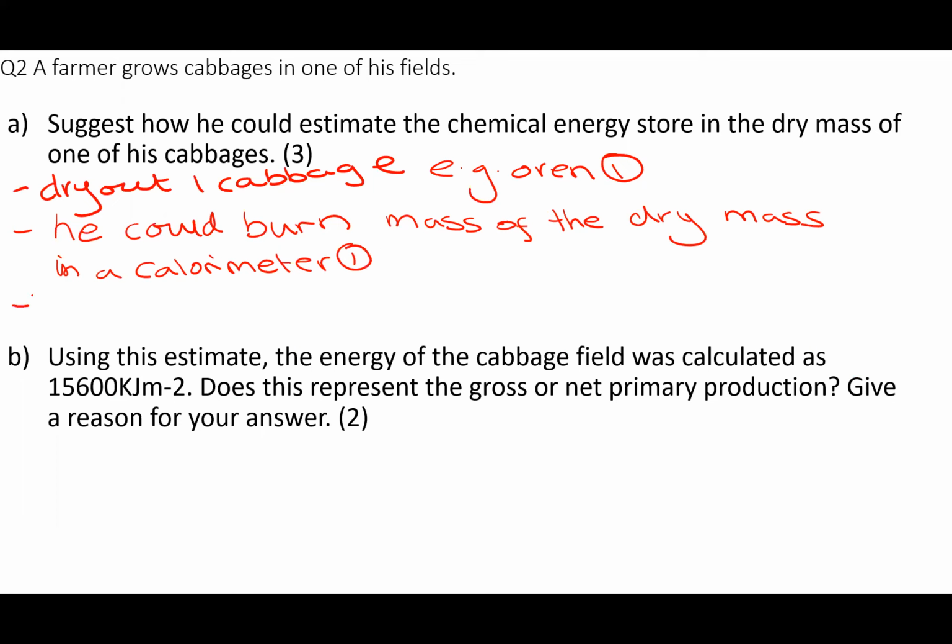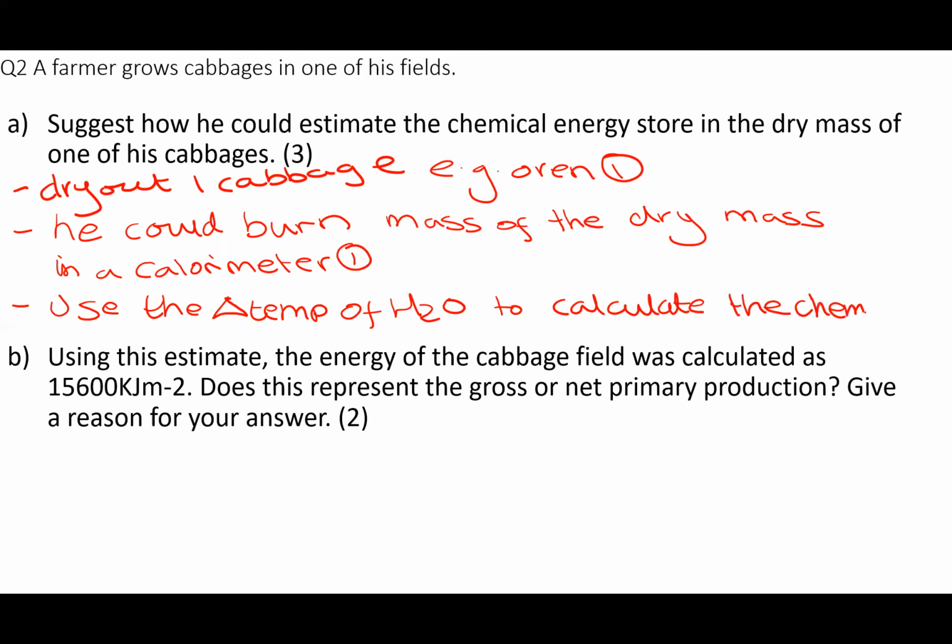Second mark, and then for your third mark, use a change in water temperature and room temperature of water to calculate the chemical energy stored in the dry biomass of the cabbage. That'll get you the 3 marks. It's actually quite a nice, easy question.